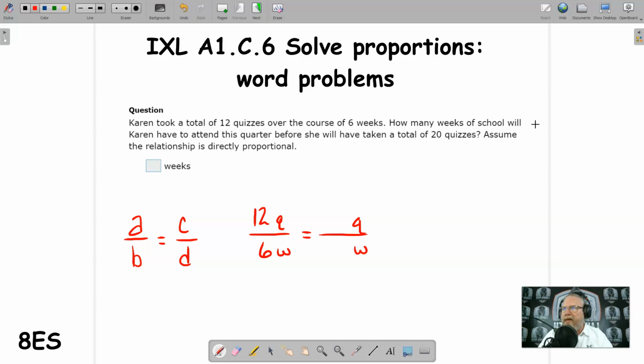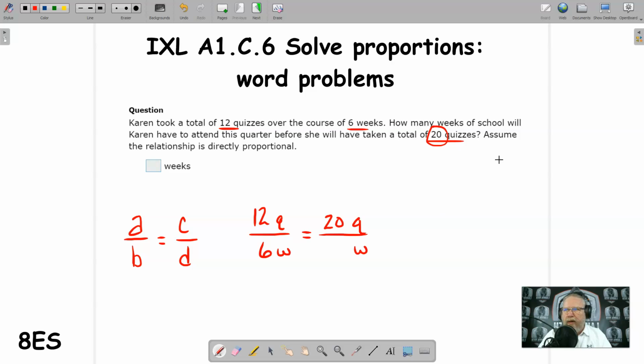How many weeks of school will Karen have to attend this quarter before she will have taken a total of 20 quizzes? So notice this is the other value that they're given here, and it's often good to highlight the information that we wish to use. So we use 12 quizzes in 6 weeks. Now we're coming to 20 quizzes. So this is the information that they're giving us. The other ratio with quizzes in the numerator, we're going to make that 20, and we're getting that information here in our word problem.